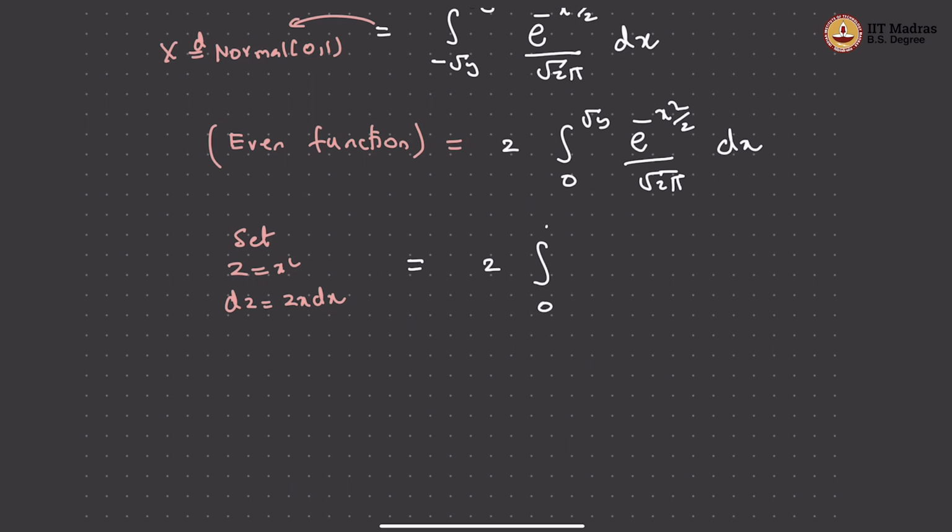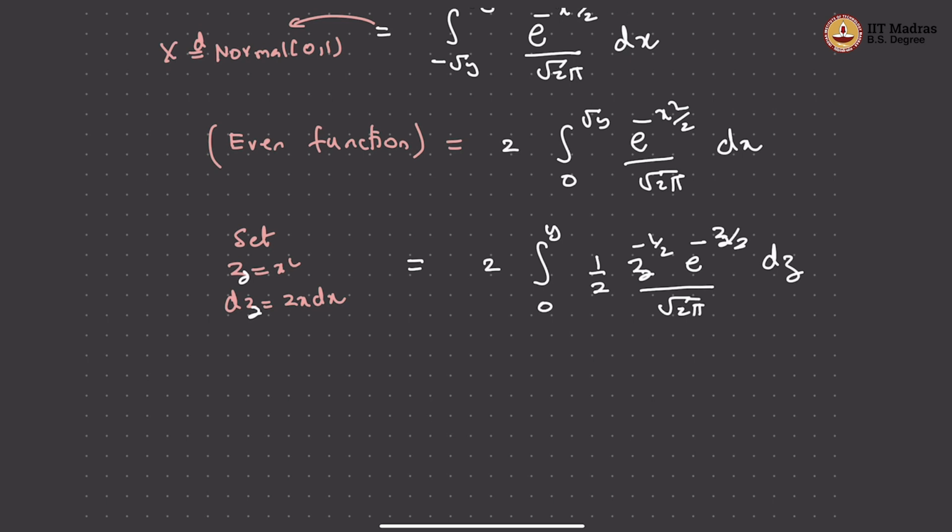So you get 0 to y. And then here you'll have z to the minus half, so you'll have a 2 as well, so you'll have a 1 over 2, z to the minus half e to the minus z by 2, and I have a dz, and a root 2 pi.